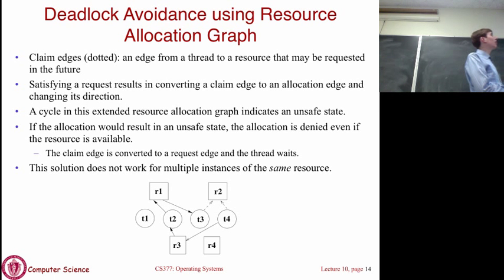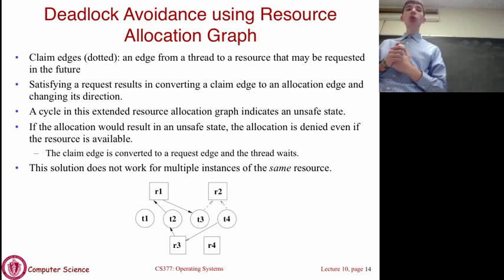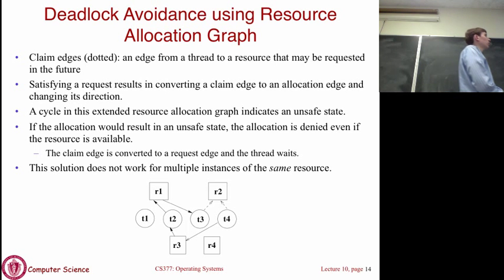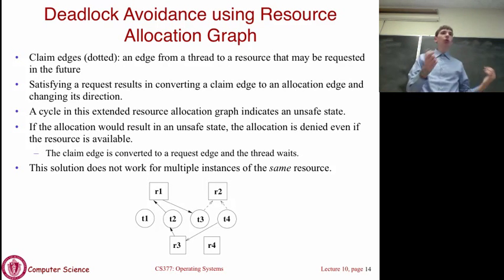The idea there is that it's a resource that might be requested in the future, but is not currently requested right now. So T3 and T4 have declared up front that they might request R2, but are not requesting it currently. This is essentially the idea we just introduced of resource reservations, saying they might use R2, but are not using it right now.